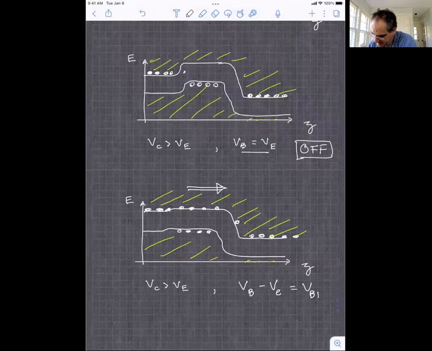So now a current can flow from the emitter across the base to the collector.